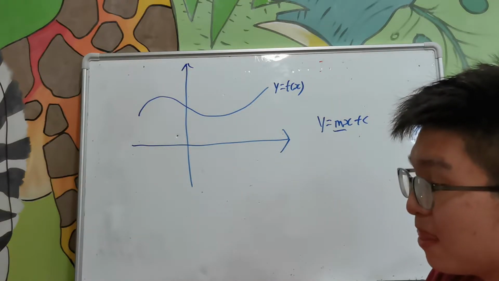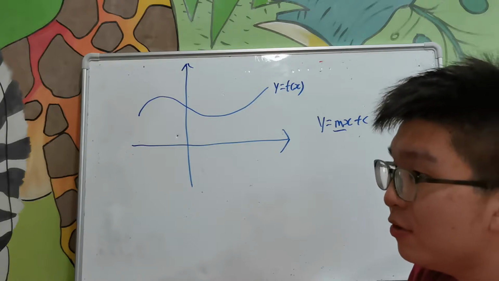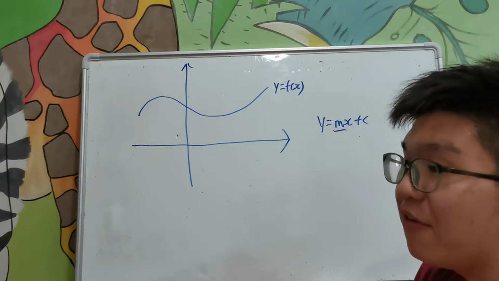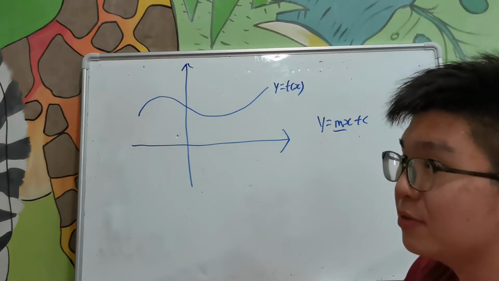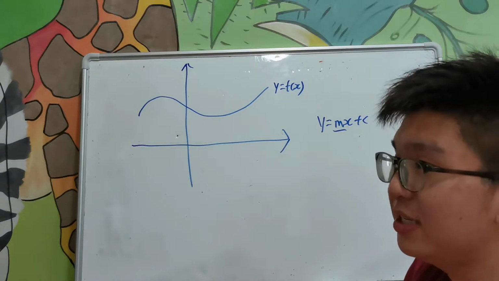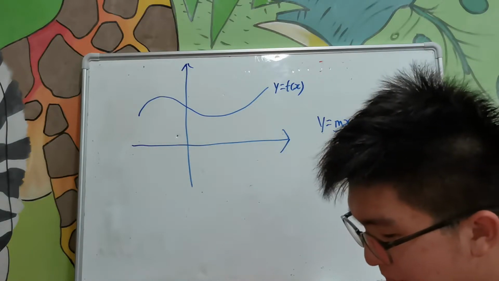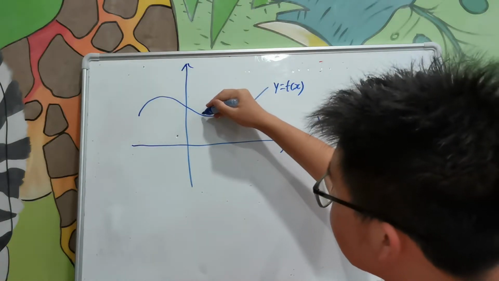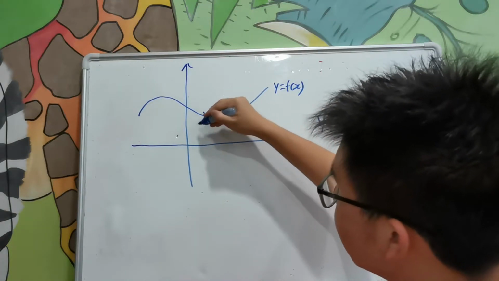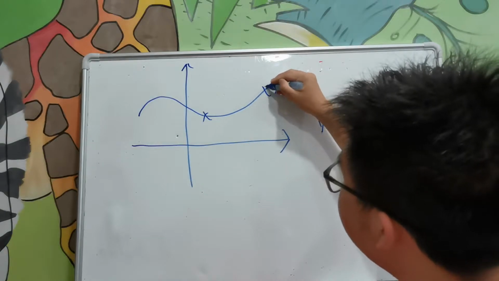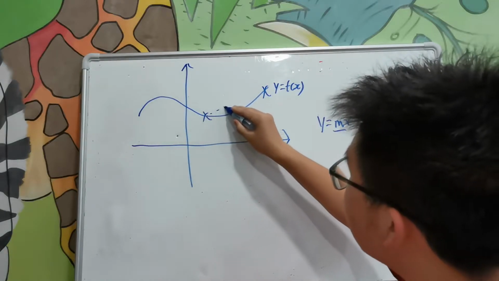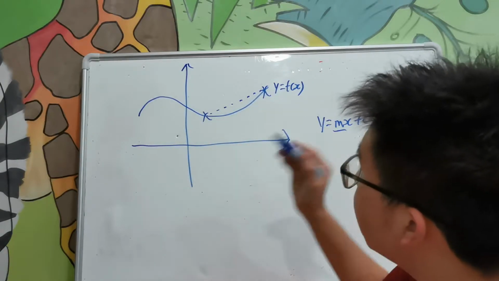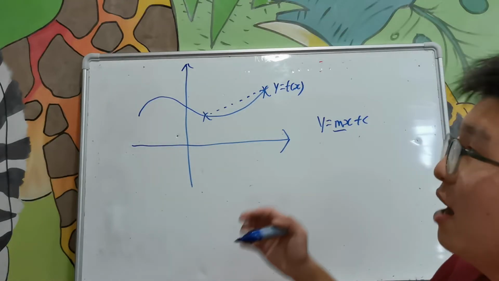So in chemistry, you do this thing called average rate of change, and you do this when you go to JC and you start learning chemistry. But basically what average rate of change is, if I were to take the graph at some point and the graph at another further point, I connect these 2 points and I do y equals mx plus c.